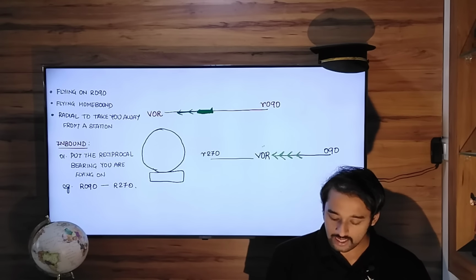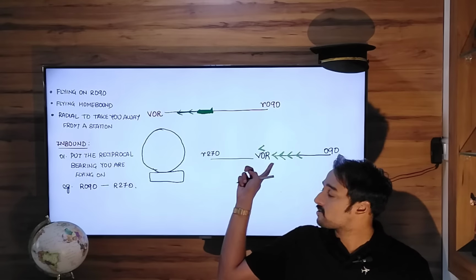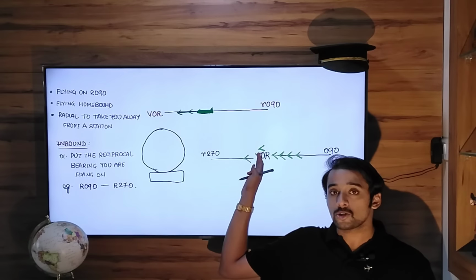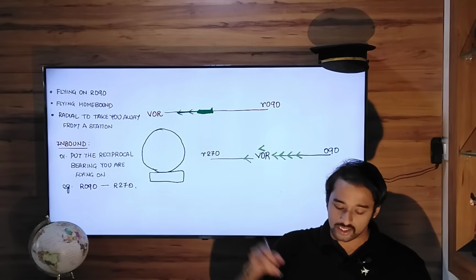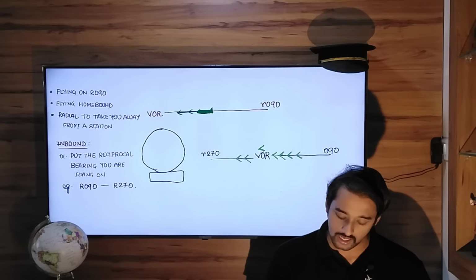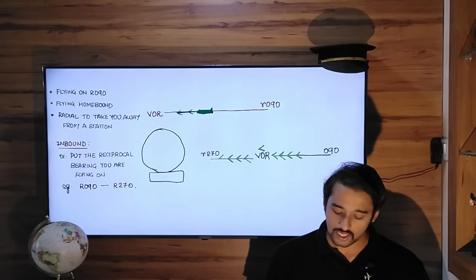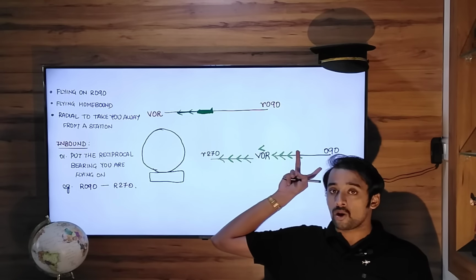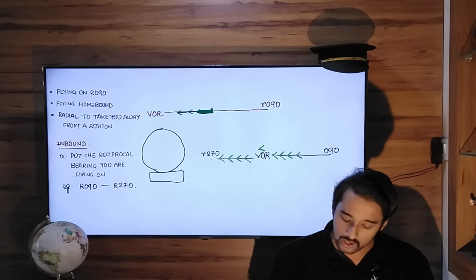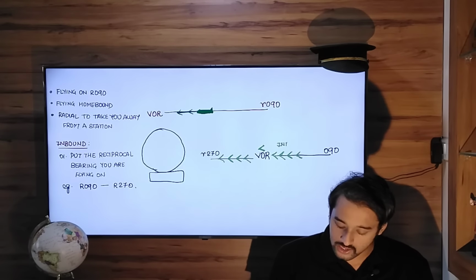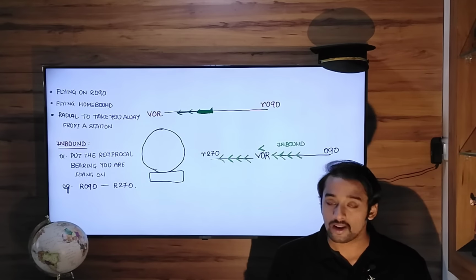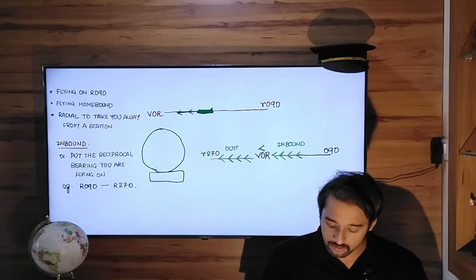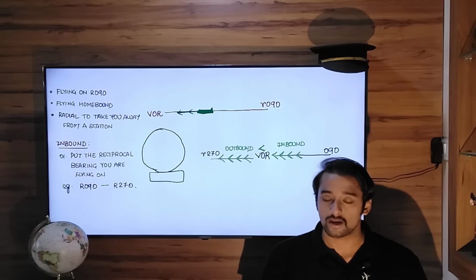You will overfly this VOR and then you will automatically now come to the opposite side of the VOR, which is your radial 270 side, and then start flying on this radial 270 outbound from the VOR. As long as you were on radial 090, you were flying inbound towards VOR. After overflying the VOR, you will now fly outbound from this same VOR.